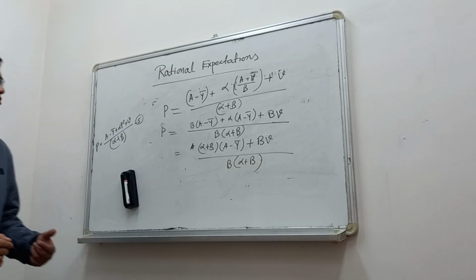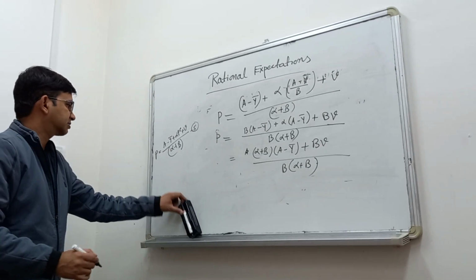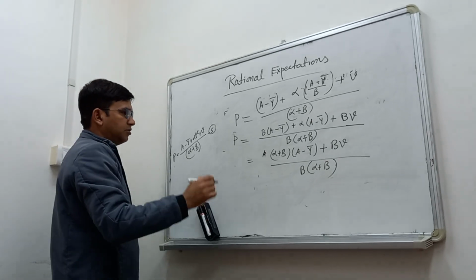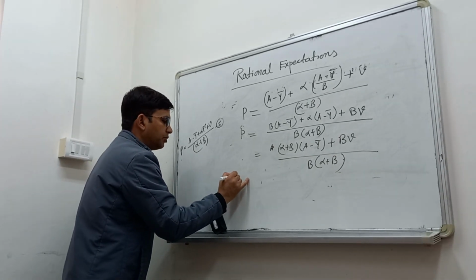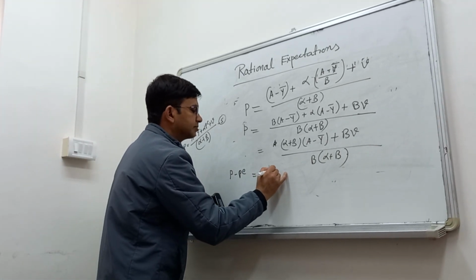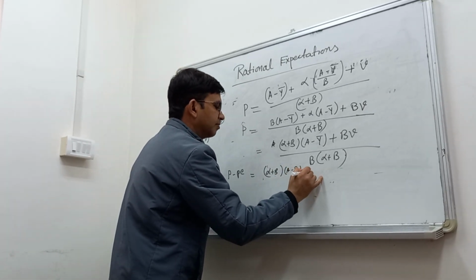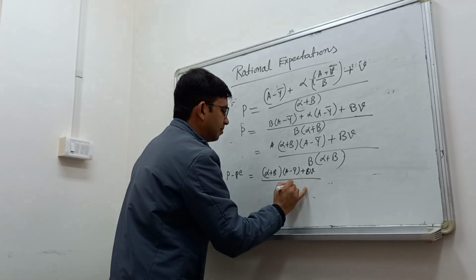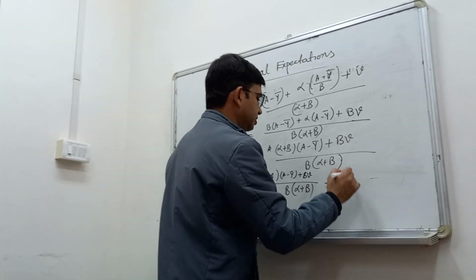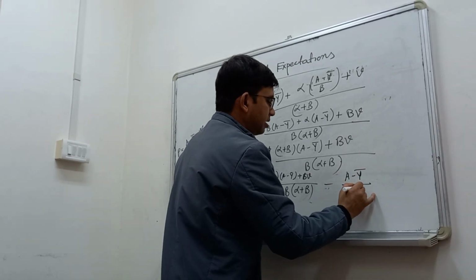So now it's time to find the difference between the actual price and expected price. So this is the value of P, and finally what we do, P minus Pe equals this minus A minus y bar divided by b.